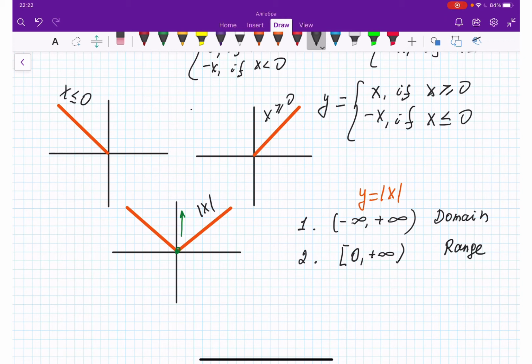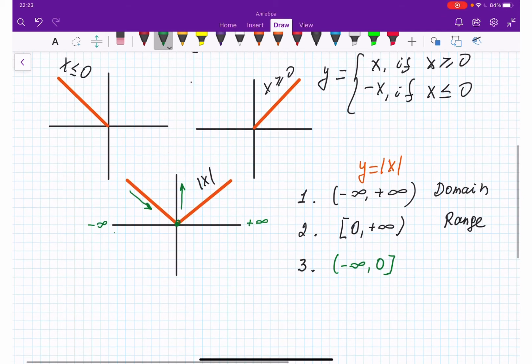Next property. The graph is decreasing on the interval. Here is decreasing, right? From here coming down. And it's coming from where? From negative infinity. This is negative infinity, this is positive infinity, for our x. So it's decreasing from negative infinity till 0, and we include 0 also.